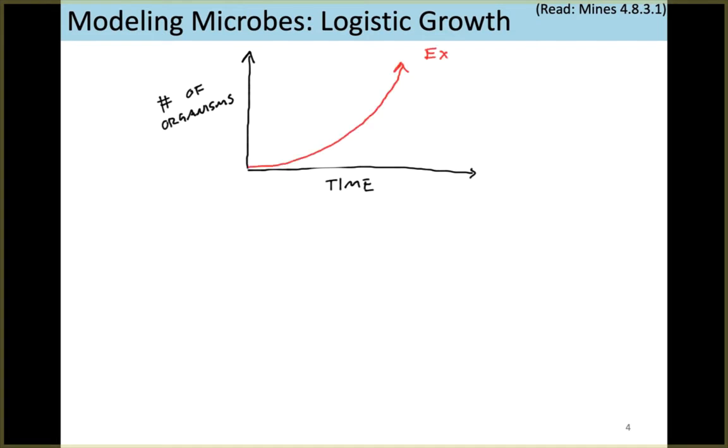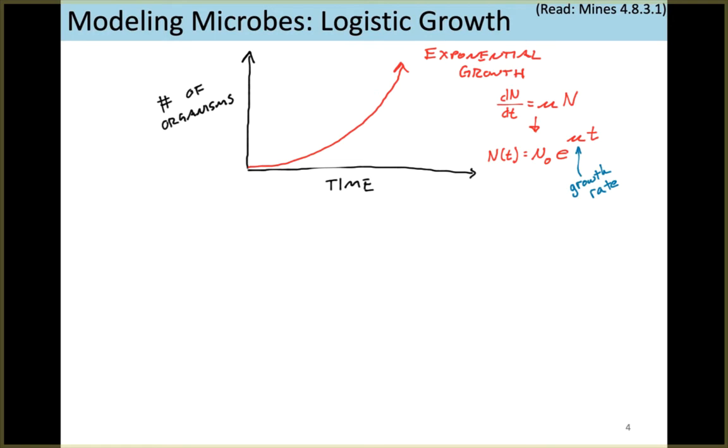So if we think about the number of organisms through time, if we represent this as exponential growth, as indicated in red, what we're saying is that the change in number per change in time, dN/dt, is equal to some growth rate, mu, multiplied by the number N. And of course we can separate variables and integrate and get an expression that describes the population as a function of mu, which again is that growth rate for the organism.